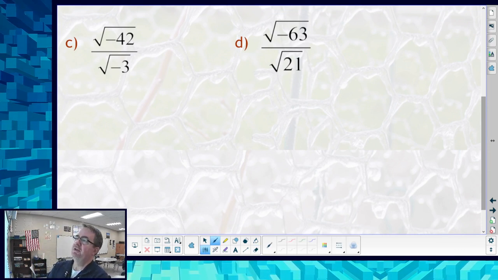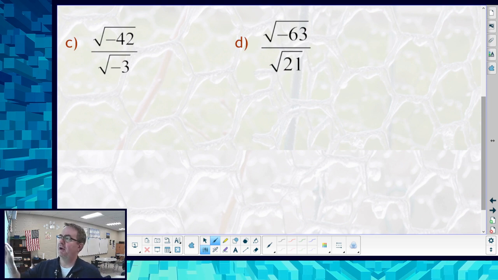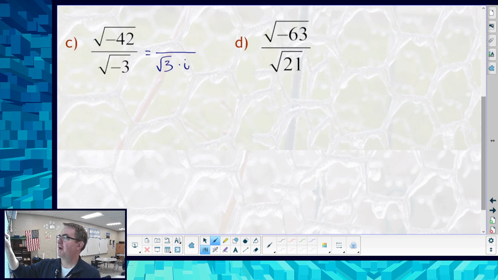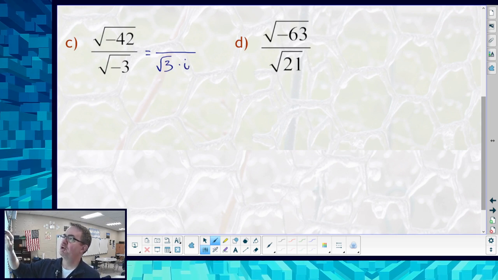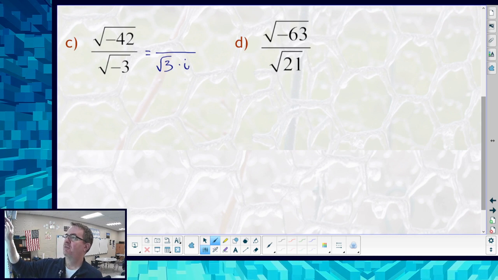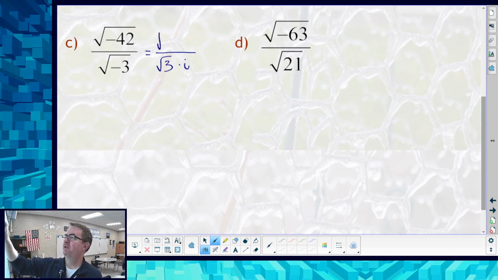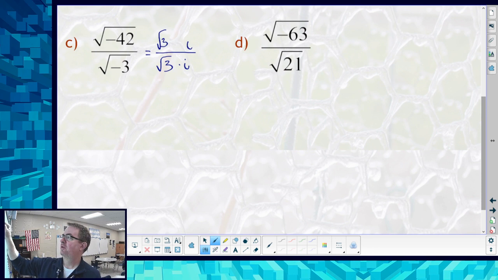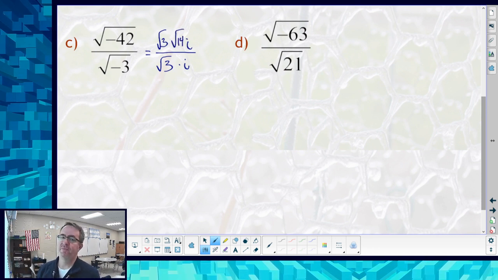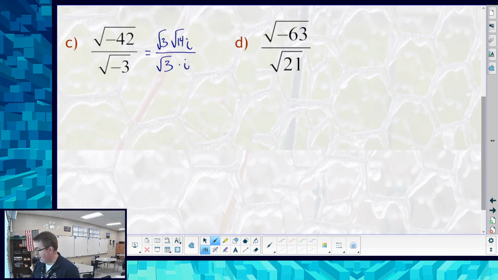So again, breaking these up, you're going to say, all right, I know I've got root 3 here times i. Up here, I've got square root of 42, which I could break into 3 and square root of 14. So then, in this case here, the i's are going to divide out.